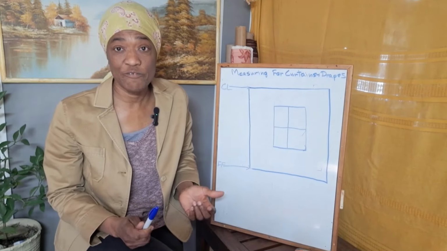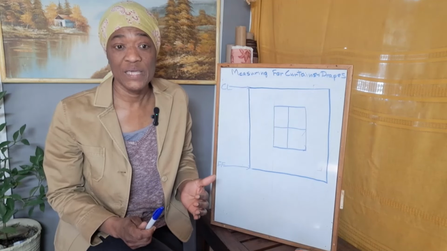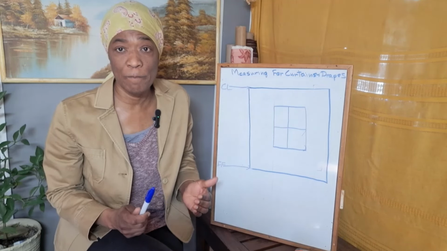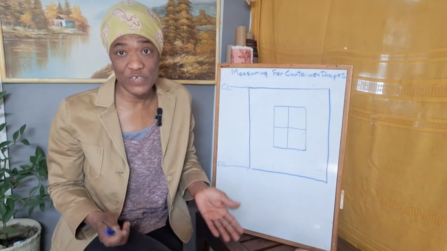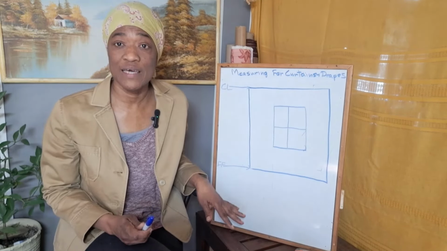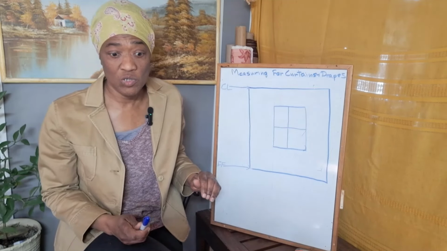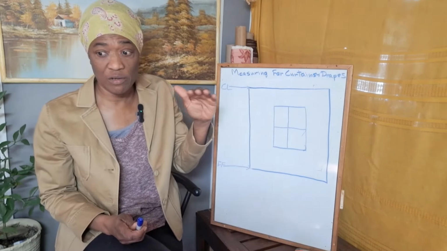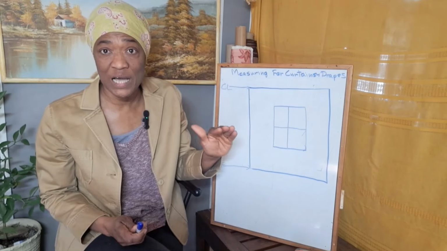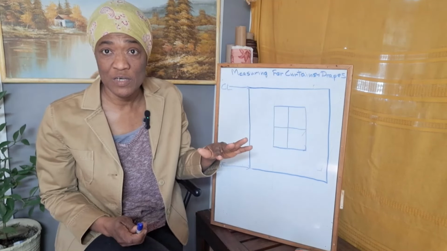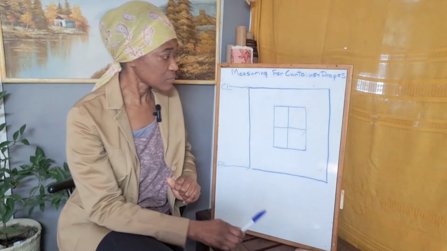That makes a difference when you're measuring for your window treatments, because if you're doing a new build and your flooring is not yet finished, then you have to take that into consideration, because your floor could take off another 4 inches or so depending on the type of finish your floor will have. So make sure that you consider that.